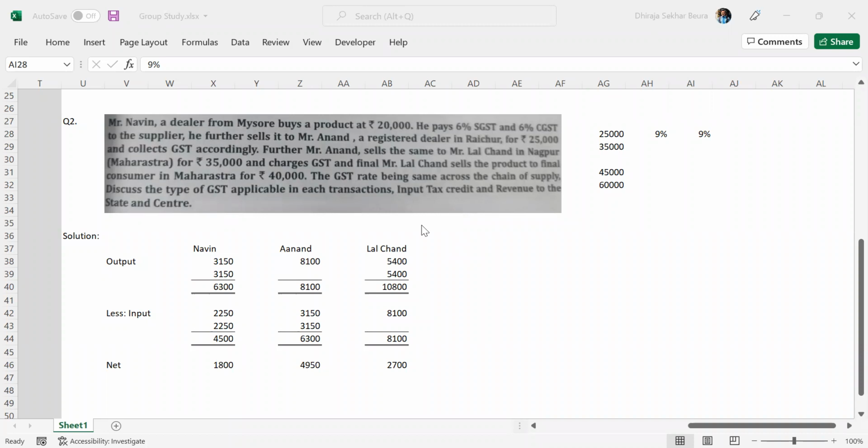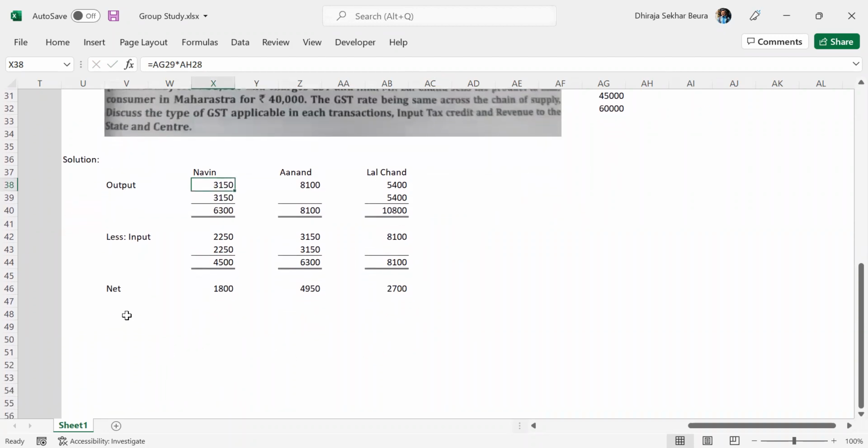Okay. As you can see, similar calculations are being done here. I know everybody must be busy in something or the other. You can either do it by yourself and match your answers to the calculations that I've already done here. So in a similar way, if we calculate CGST, SGST, and IGST, it will come to something like this.